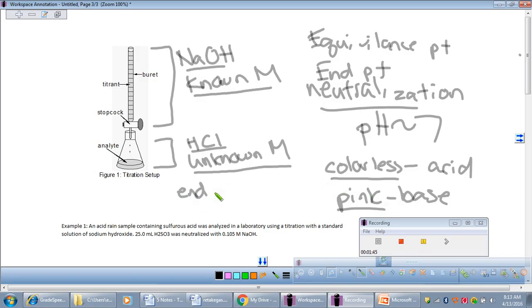So the end point is a light pink because it is about 7, more towards 8, but close enough. So that would be our equivalence point, our end point. And then you can do your stoichiometry to find your unknown concentration. So that is the point of titration, is to figure out what is the concentration of our unknown.